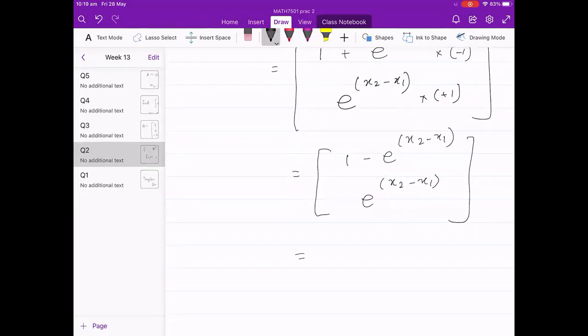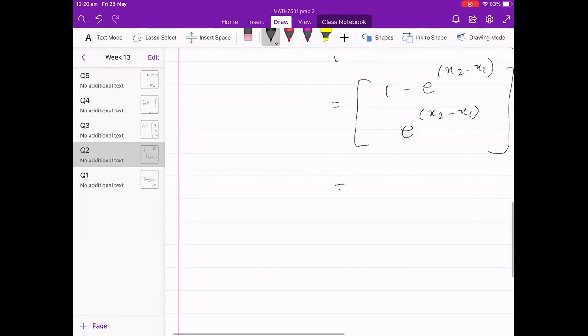How do we use this to find the Taylor series approximation of f(x) around a given point x equals (1, 2), up to order 1? That means just the first partial derivative. You don't need other derivatives.